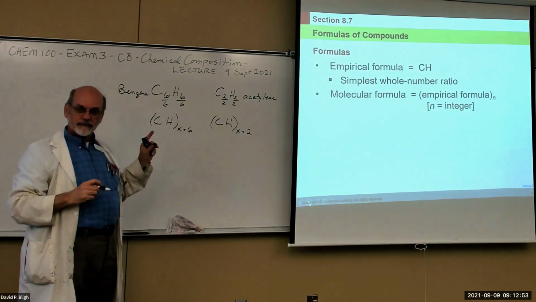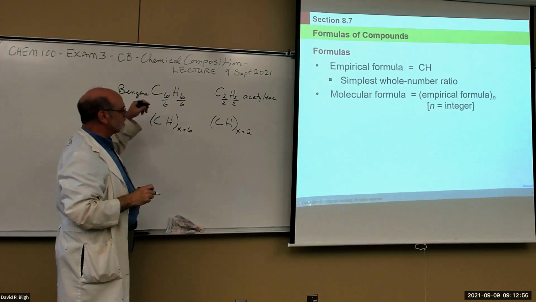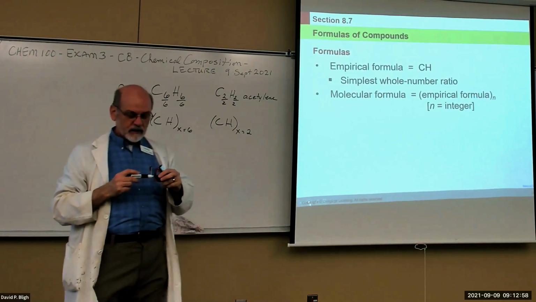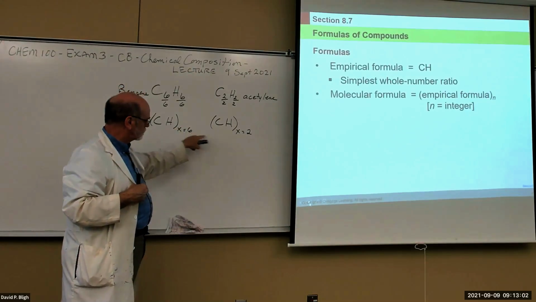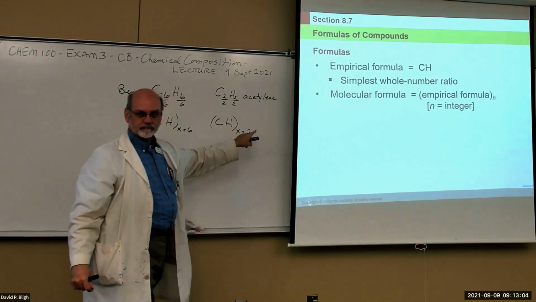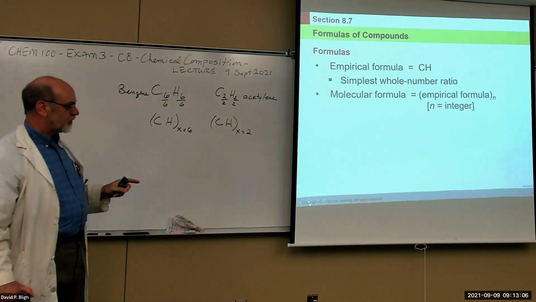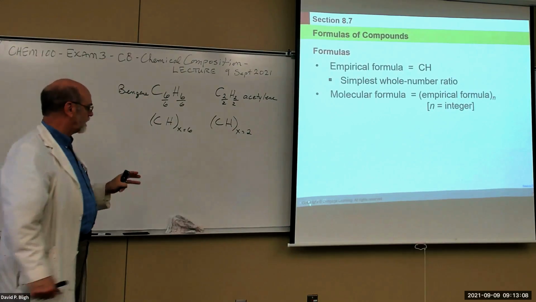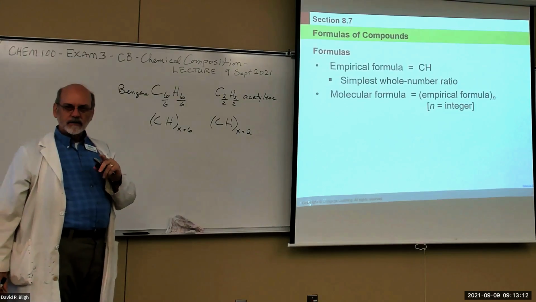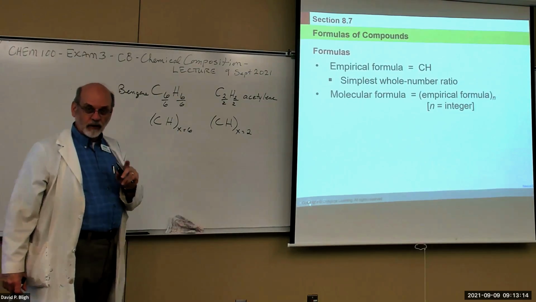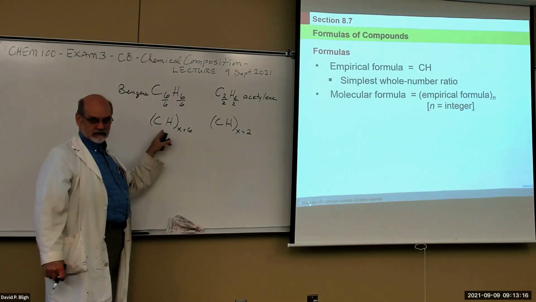So what we're looking for, transitioning from empirical formula to molecular formula, is this multiplier right here. So here's the key. What is the empirical mass of 1 mole of this formula?